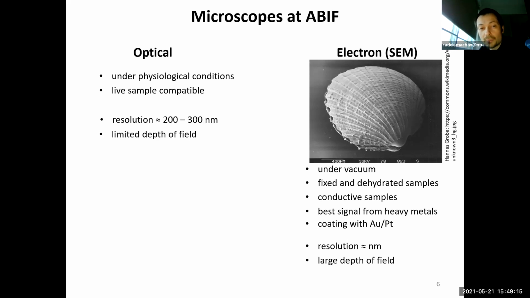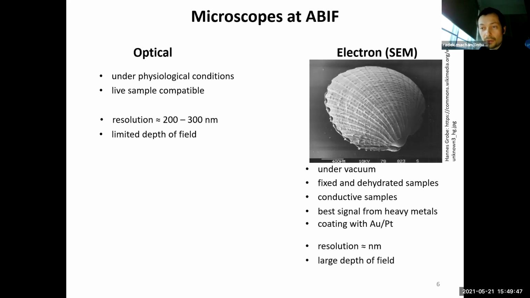For optical microscopes, the resolution is about 2 orders of magnitude worse, and the depth of focus is also much shallower, depending on the type of optical microscopy we are doing. But typically, we can't have anything like 100 micrometers simultaneously in focus.